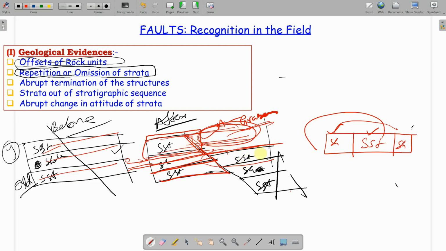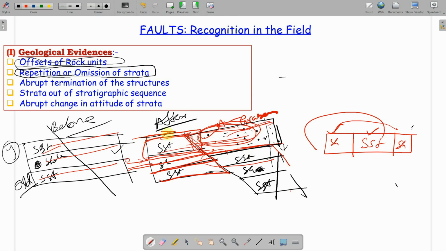Suppose a normal faulting has happened and we are seeing only this part, on top of which we are walking, and let's say this portion got filled up by some loose sediment or some river sediment or some alluvial.